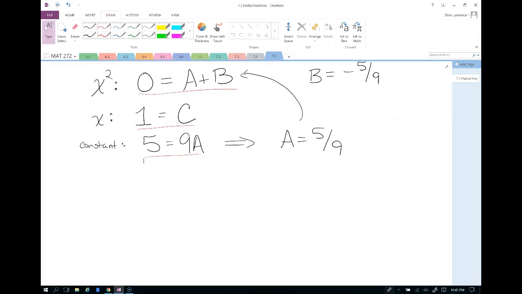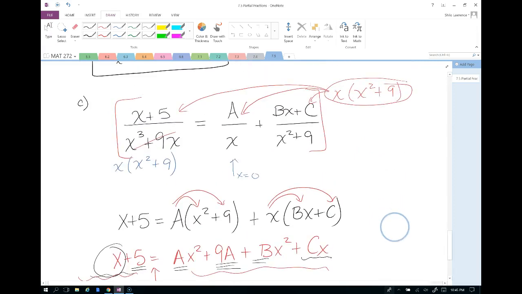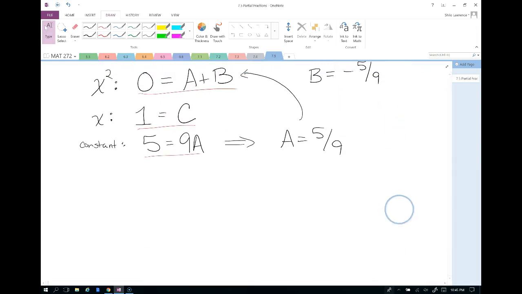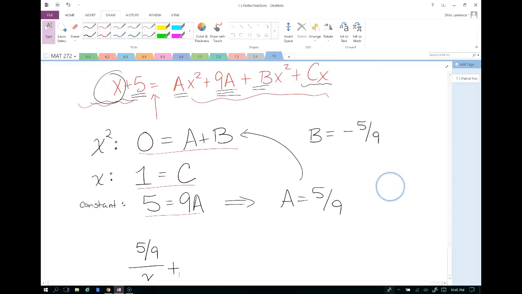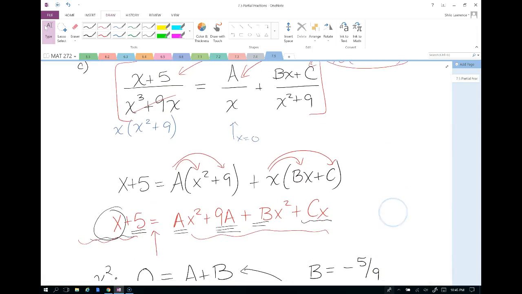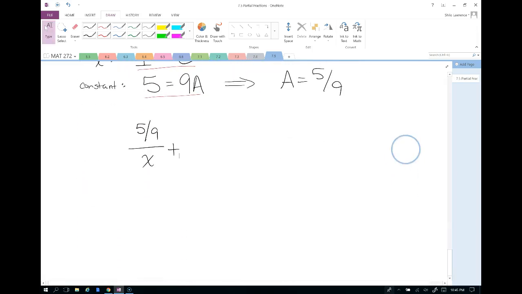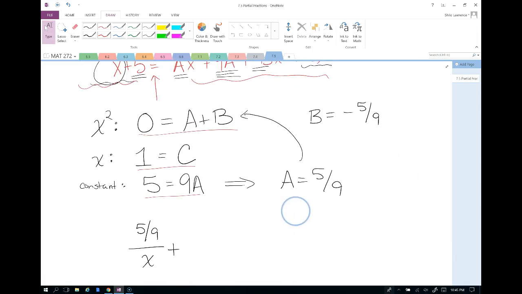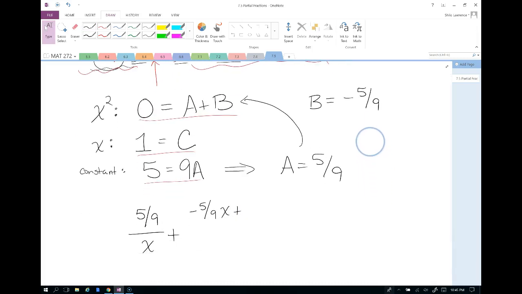So now we've got a over x, where our a was 5/9. And remember, don't worry about simplifying this complex fraction, because our ultimate goal is going to be to integrate. And then we've got bx plus c over x squared plus 9. So our b is negative 5/9, and our c was 1.